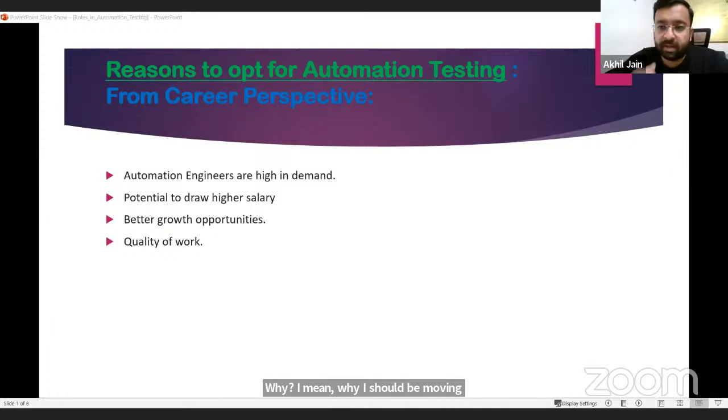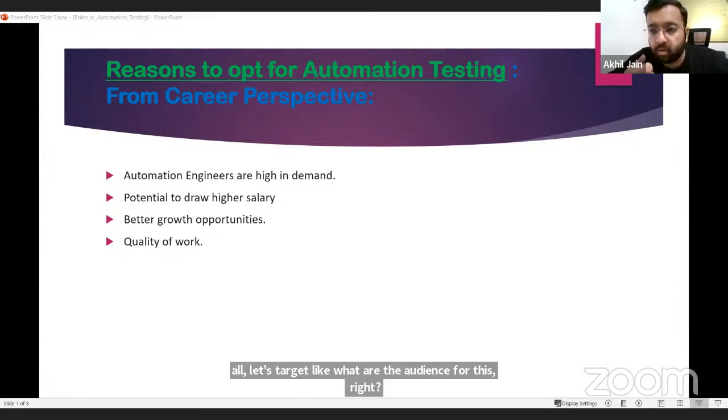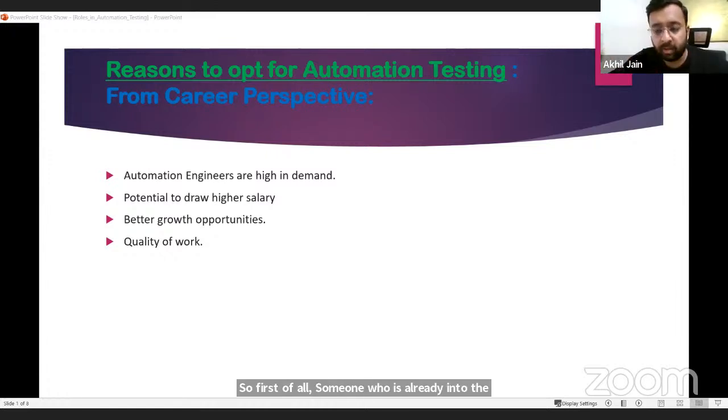So first of all, let's target what the audience for this is. First, someone who is already into the testing world, the testing professional, currently working in a manual testing role. He could be someone who wants to aspire to move to this role.